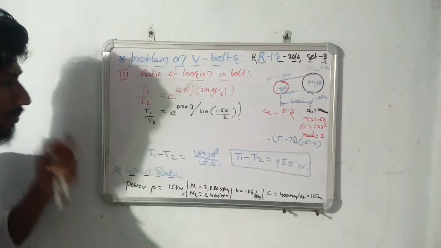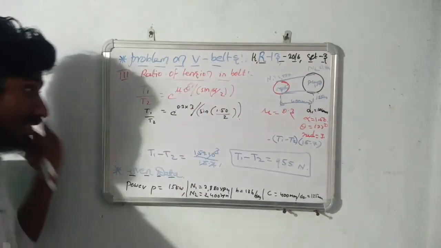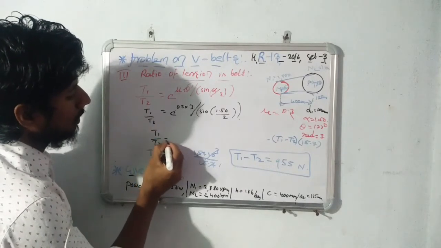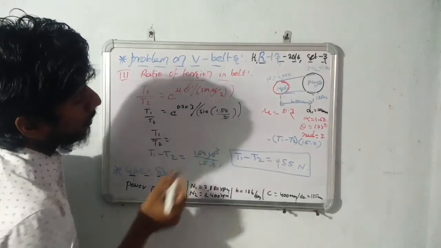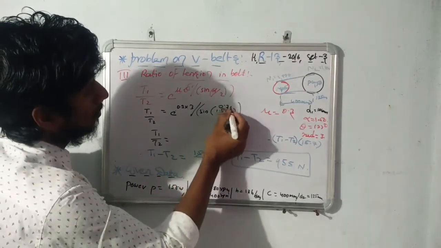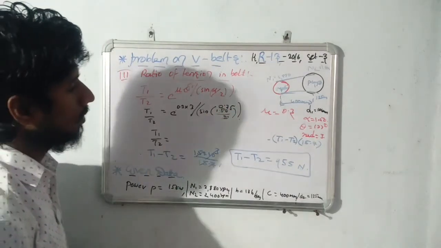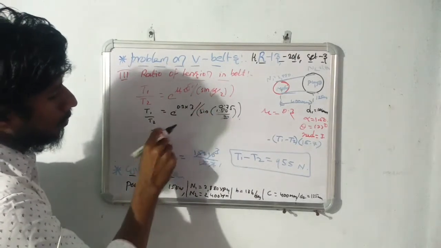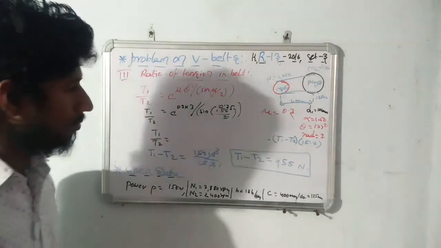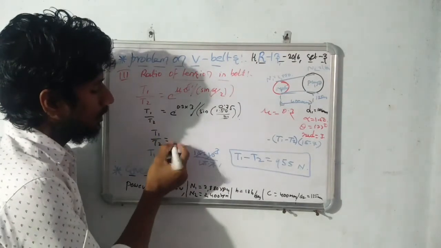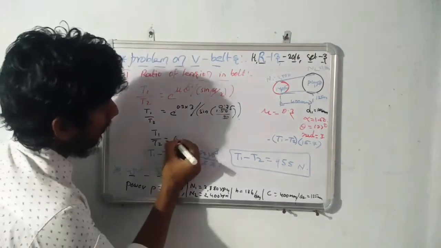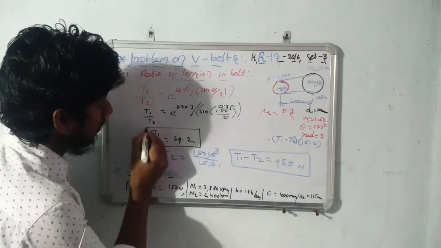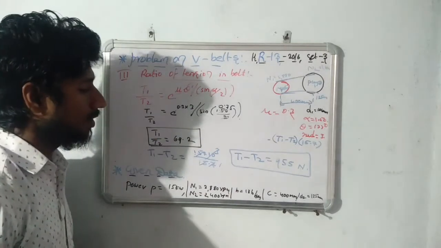By simplifying this, we get 0.75. Taking that 0.75 value and dividing, we get T1 by T2 equal to 69.2. So this is the ratio of tension in the belt.